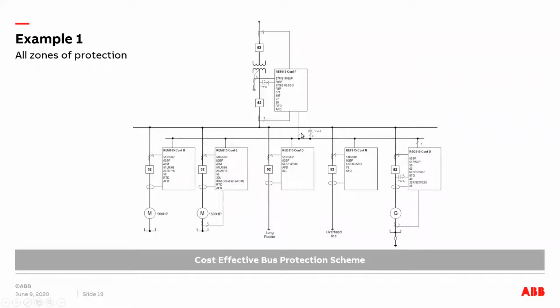Thus we can achieve a very selective protection for bus protection application with the same devices we have, without any additional set of CTs or an additional relay, as we have seen in the earlier case. So with this arrangement, we can have a very fast bus protection scheme without having additional hardware. So this adds to the cost efficiency of the switchgear.